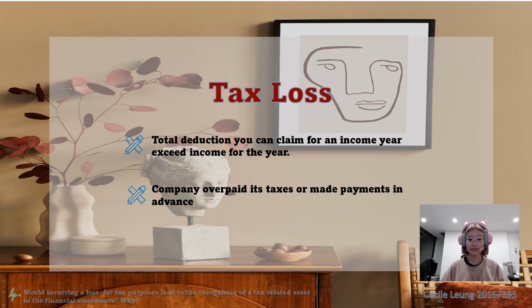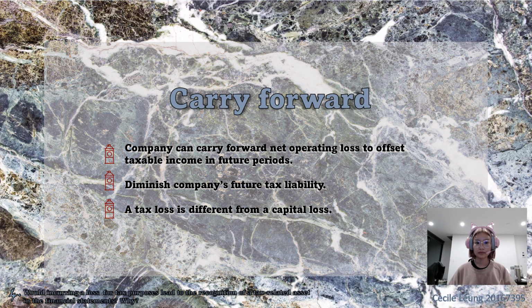One of the common scenarios leading to the creation of a deferred tax asset is when a company has effectively overpaid its taxes or has made payments in advance, or a company incurs a net operating loss for tax purposes. This happens due to the discrepancies between the way income and expenses are recognized for financial accounting purposes.